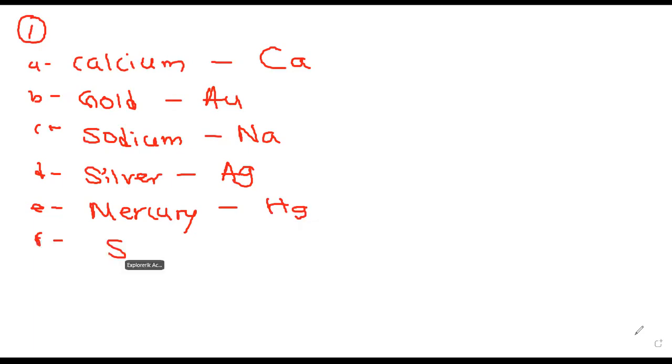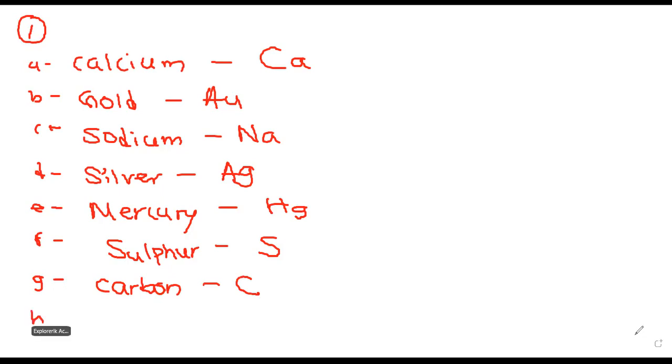Sulfur, then sulfur comes with one letter. The chemical symbol is one letter, that has to be a capital letter. Next one is carbon. Carbon again a single letter, which is capital C. Then next one is zinc. Zinc is capital Z and simple n.